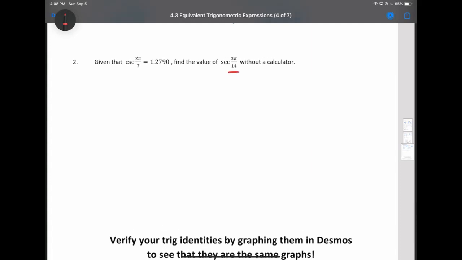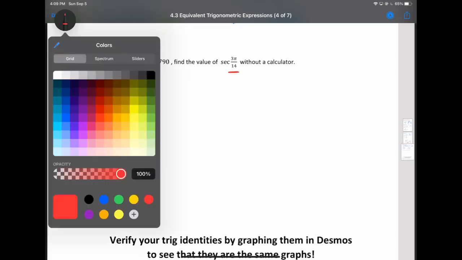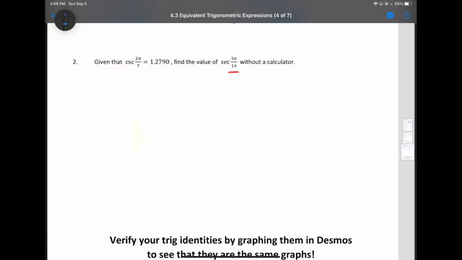Now, I know based on what I've got so far that this is going to have to be pi over 2 plus an angle, or pi over 2 minus an angle. Well, 7 pi over 14 is pi over 2, so this is obviously pi over 2 minus something. So just at the side here, let's play with this a little bit and see if we can figure it out. 3 pi over 14 has to equal pi over 2, which is actually 7 pi over 14, minus, well, 3 is equal to 7 minus 4, so 4 pi over 14.